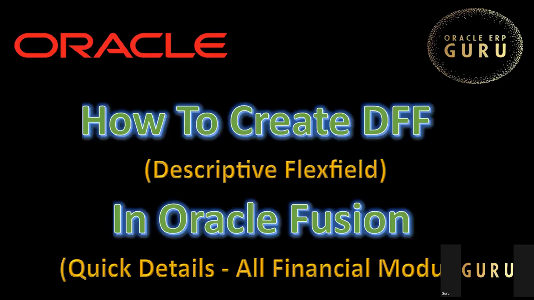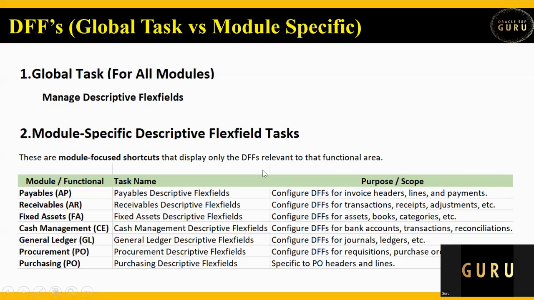Okay. So in this topic, as I told you, how to create a DFF in Oracle Fusion with respect to different modules and different ways, right? So first, a DFF can be created using Manage Descriptive Flexfields. This is nothing but a global task. It means using this particular task, you can create a DFF for payables, receivables, fixed assets, cash management, all the modules, not only for financials, even HCM, everything you can create from this descriptive flexfield.